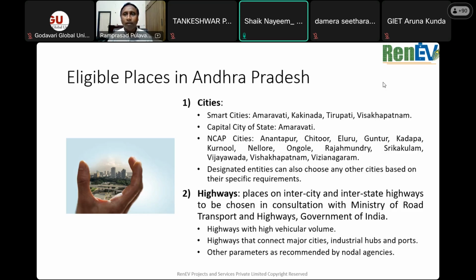Sheikh Naim, it's an excellent question. What state governments and discoms are doing is trying to assess how much power is required when you convert the IC engines, like you said. Let's not say entire, let's say 80% of the vehicles are converted into electric vehicles.